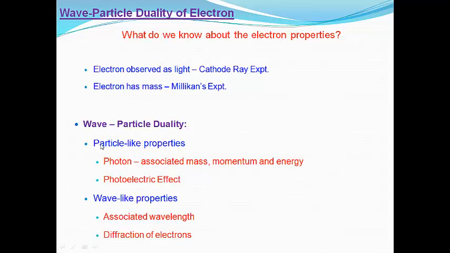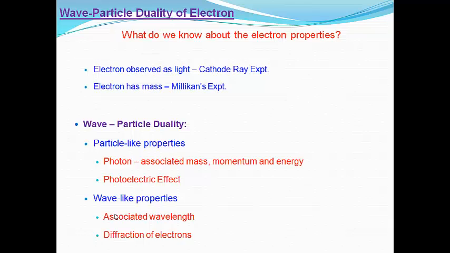As it relates to the particle properties, one can recognize that because of the associated mass that the electron has, there is a particular momentum that the electron has if it's moving with a particular velocity, and there's an associated energy. And as it relates to the wave-like properties, the electron is moving as a particular wave, therefore it has a wavelength, it has frequency, and it also has energies associated with the movement.